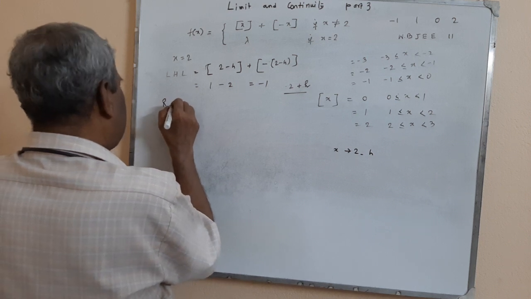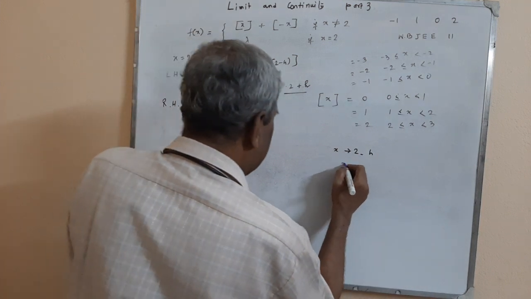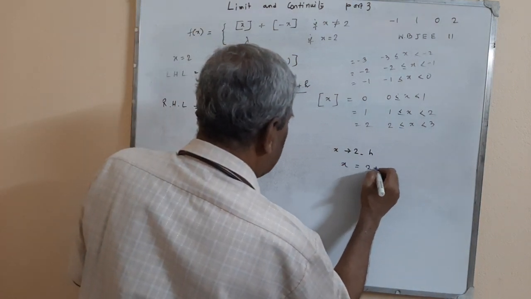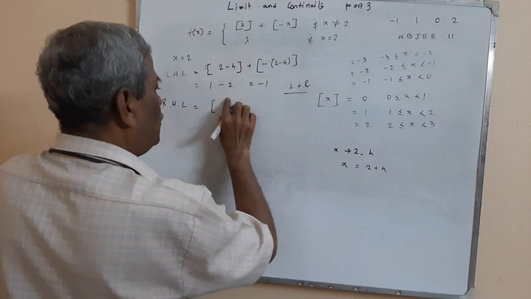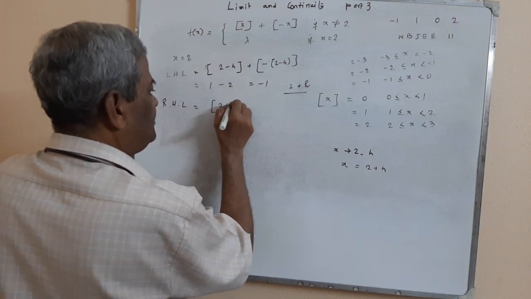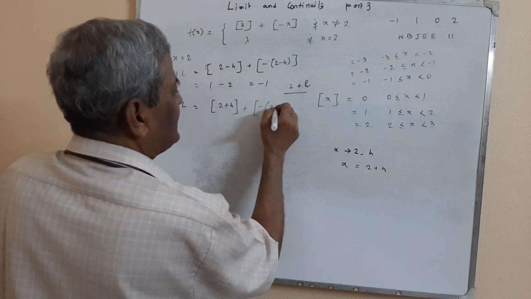Right hand limit: in that case, x can be taken as 2 plus h, so this becomes box of 2 plus h plus box of minus 2 plus h.